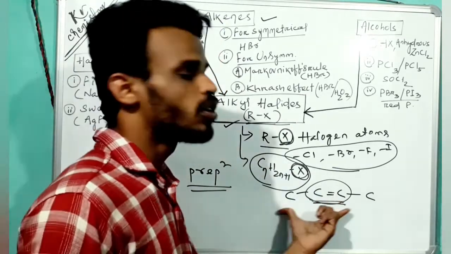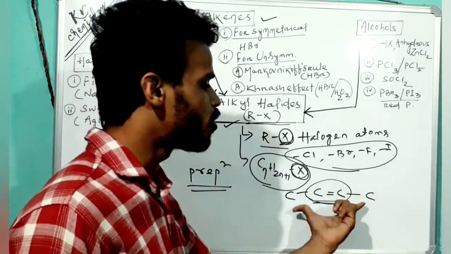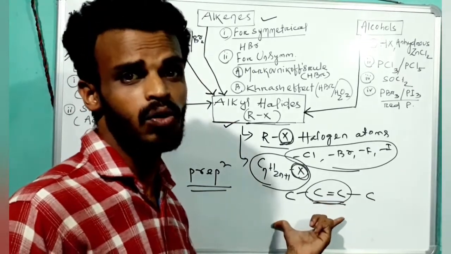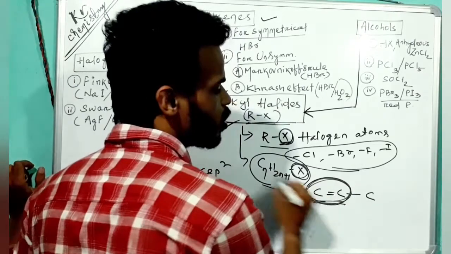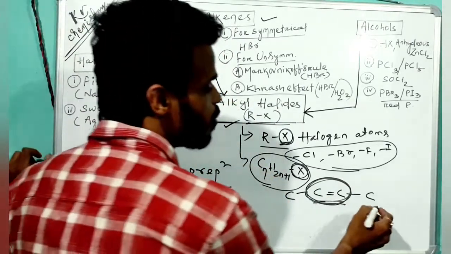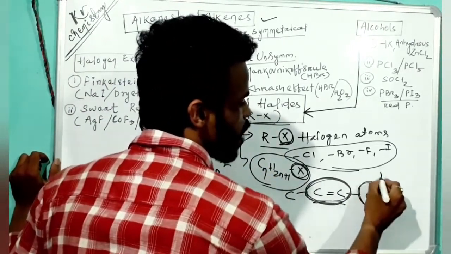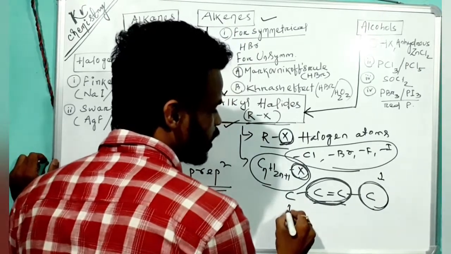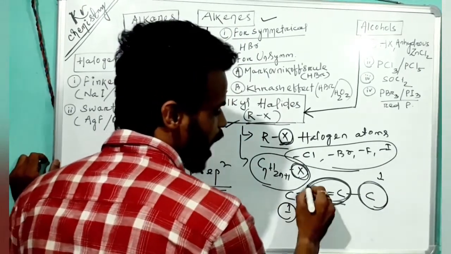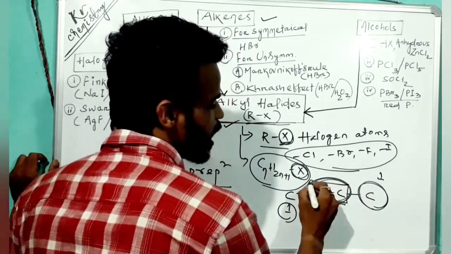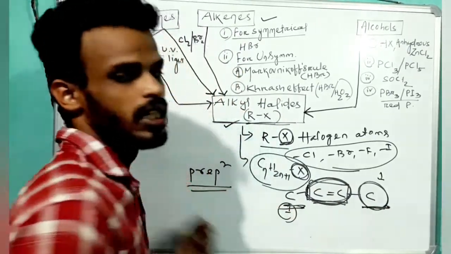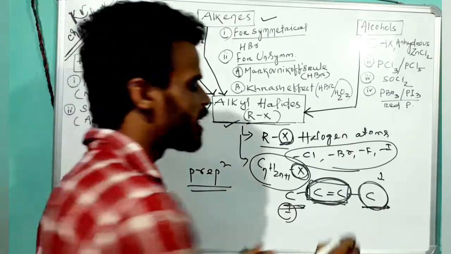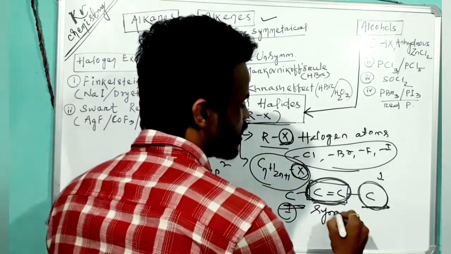The number of alkyl groups is the same. Here is one alkyl carbon and here is another carbon. So the double bond is attached to the same number of carbon atoms on both sides. This is known as symmetrical alkene.